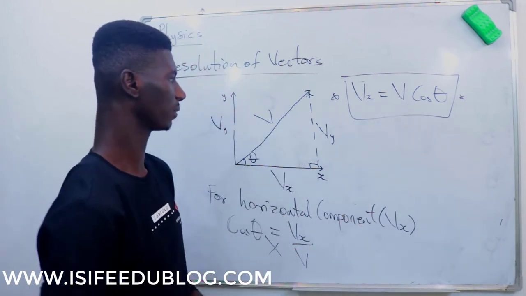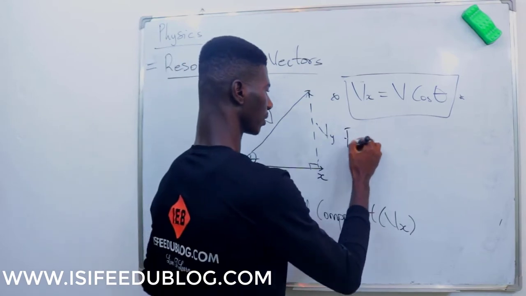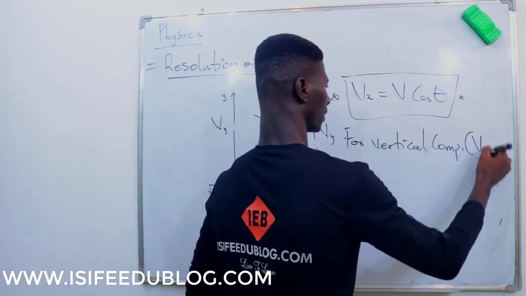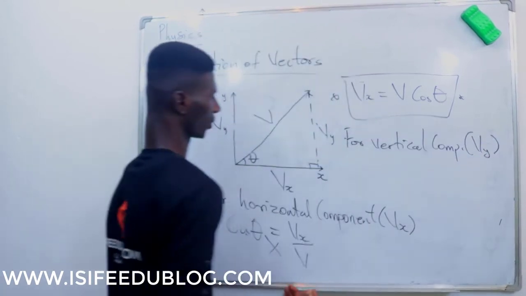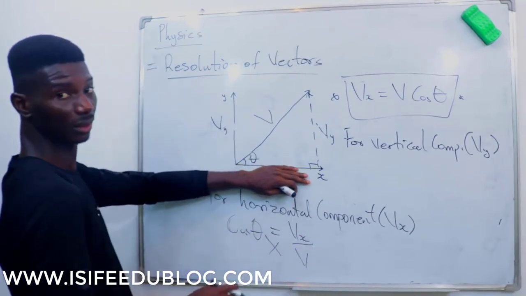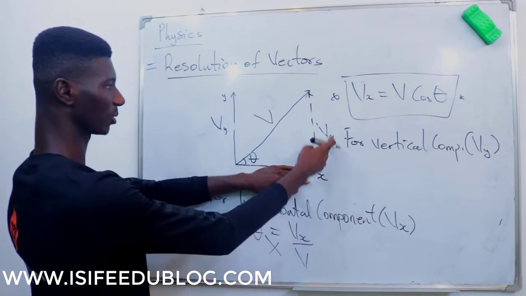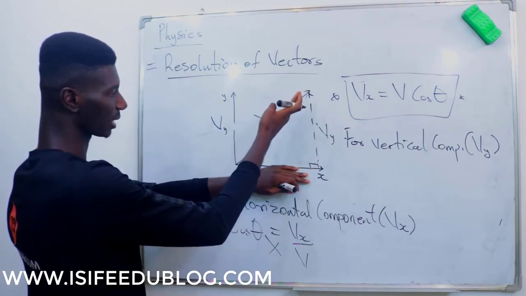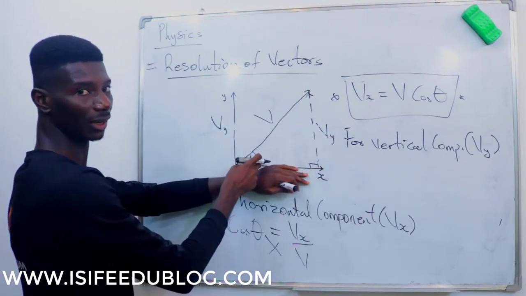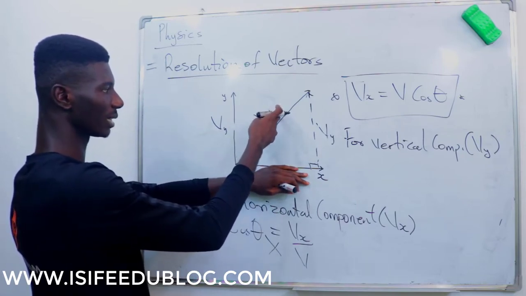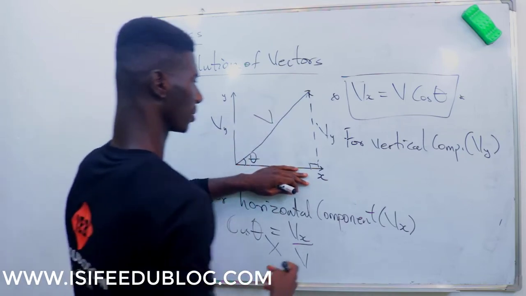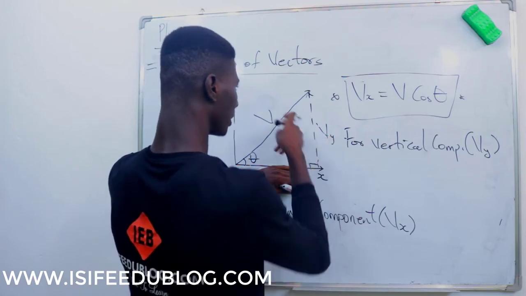Now let's talk about the vertical component, that is V sub y. You close this, so what you're now seeing is the vertical and the resultant. The side facing the angle is the opposite. This is the hypotenuse. So we are using opposite and hypotenuse.